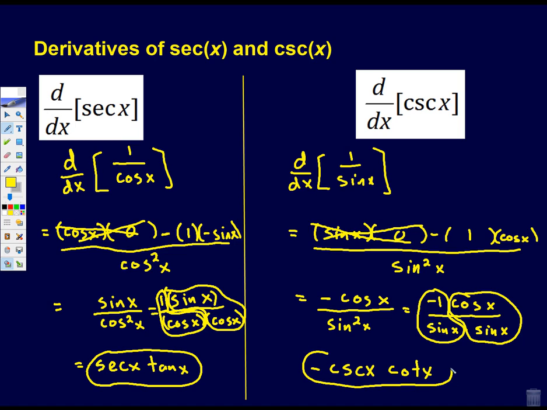And now I'm going to leave that as my derivative. So notice the secant function had a derivative secant x tangent x. Notice that secant x is in its own derivative. And the cosecant function has itself in the derivative, but also the cotangent function. And there's a minus sign.